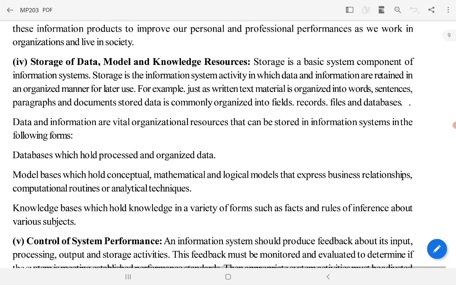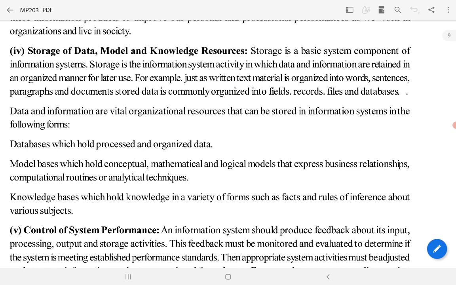The fourth one is storage of data, model and knowledge resources. Storage is the basic system component of an information system. Storage is the information system activity in which data and information are retained in an organized manner for later use.